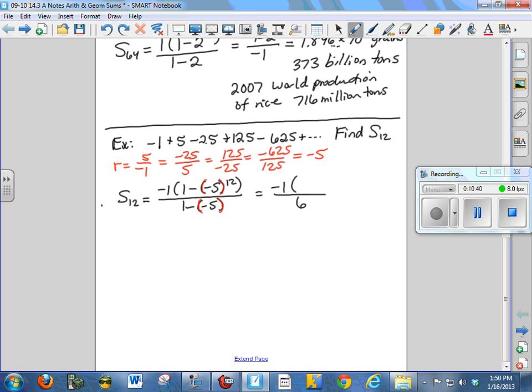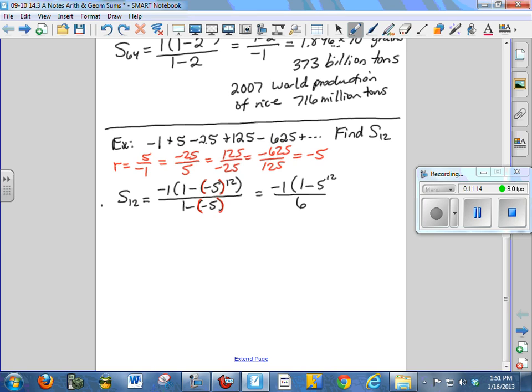If you say 1 minus a negative becomes plus, you'd think that was a positive number, but it is really not, because the negative 5 by order of operations has to be raised to the 12th power first. When you raise a negative number to an even power, to the 12th power, you get a positive number. So this is the same thing as saying 1 minus 5 to the 12th.